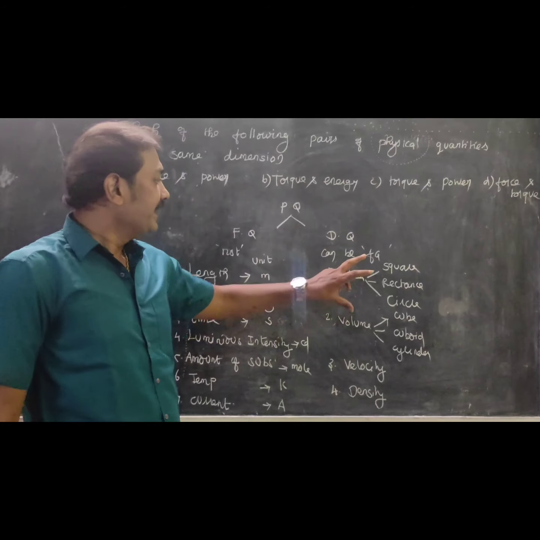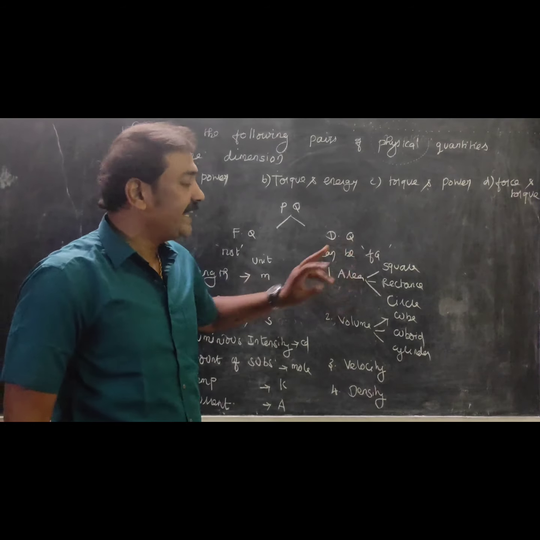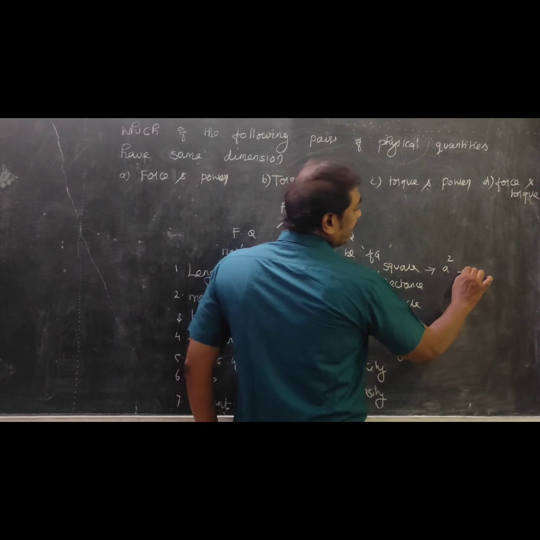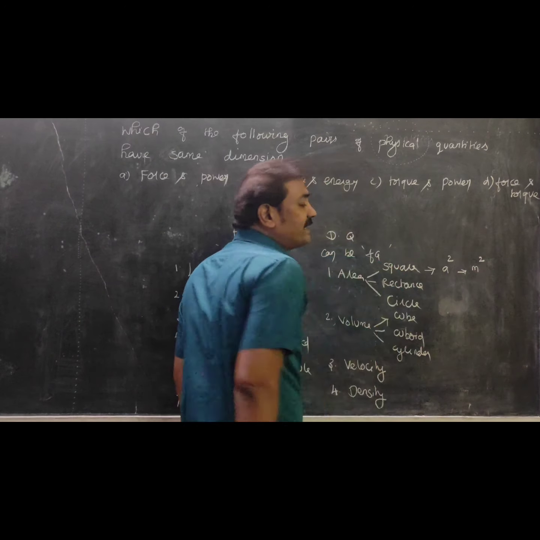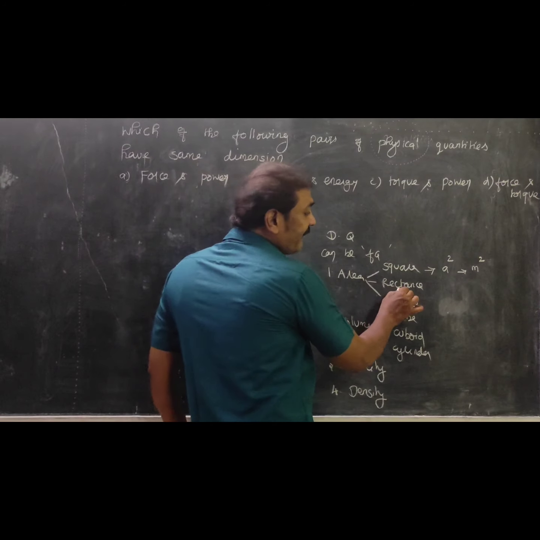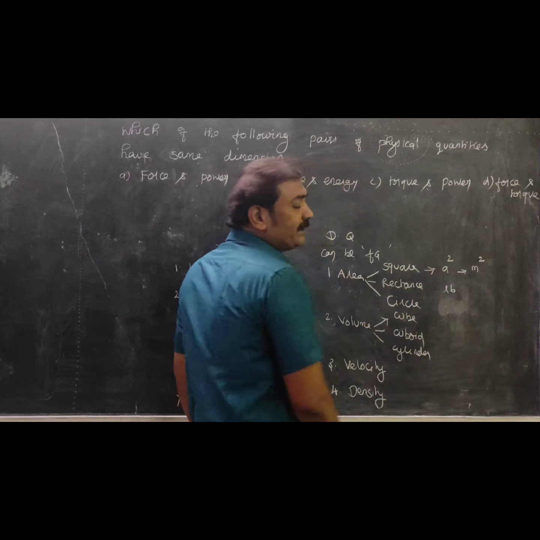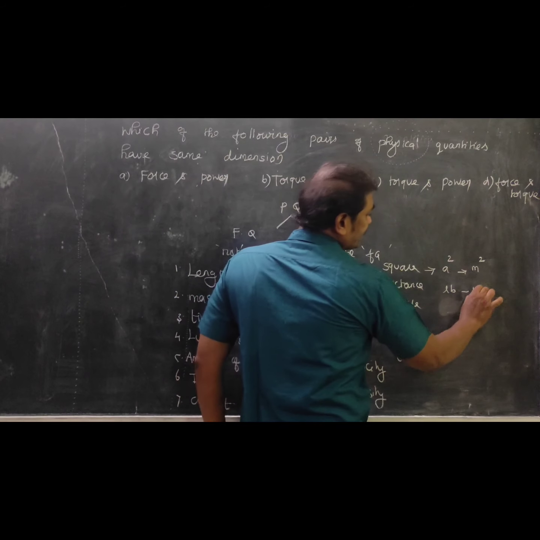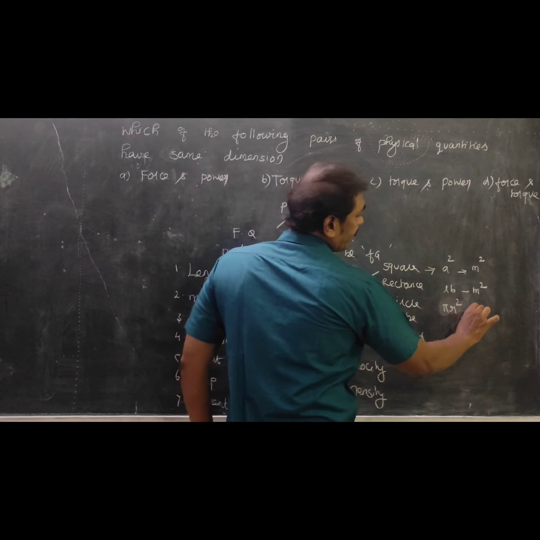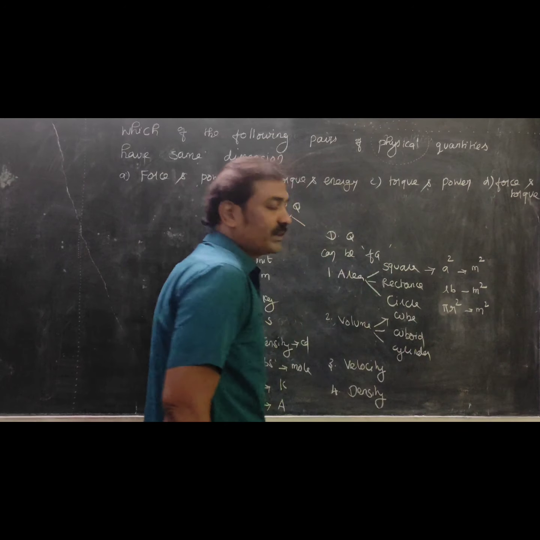Now, area of a square is a squared, so its unit is meter squared. Area of a rectangle is L into B, once again meter squared. Area of a circle is pi r squared, once again meter squared.